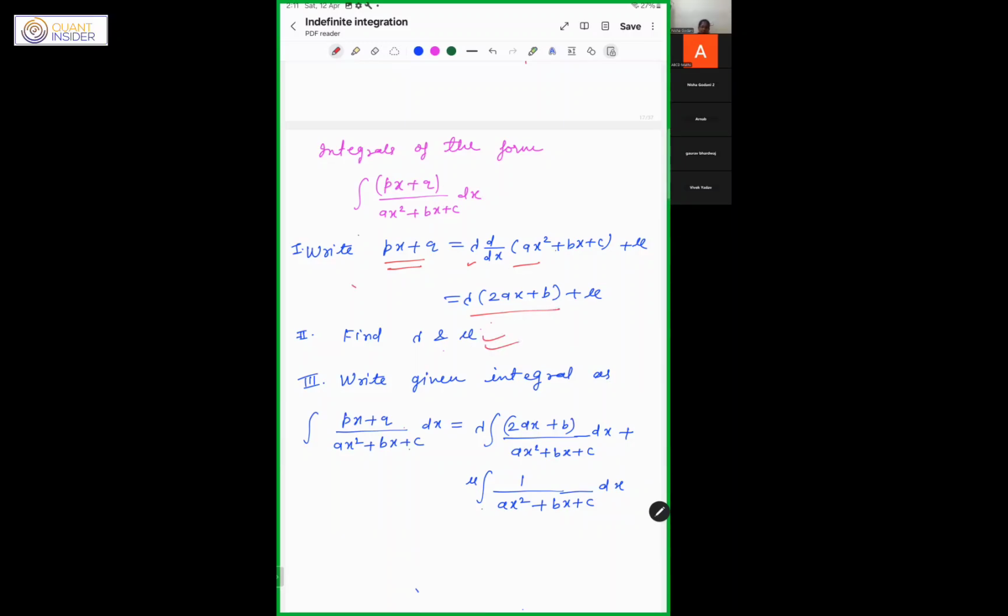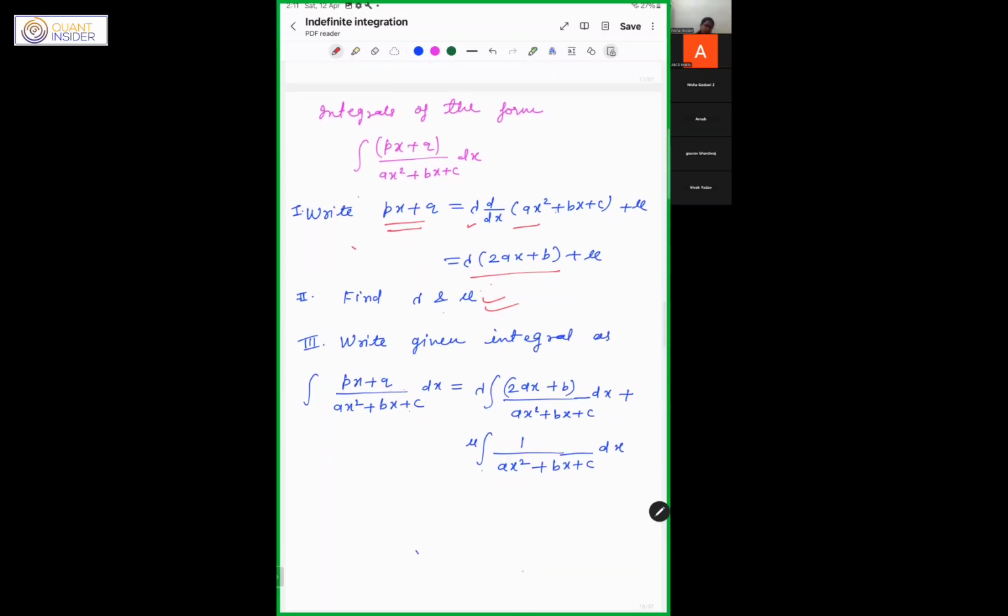What is this differentiation? Actually this is 2ax plus b. So any linear polynomial px plus q is written as lambda times 2ax plus b plus mu. So how will it help?